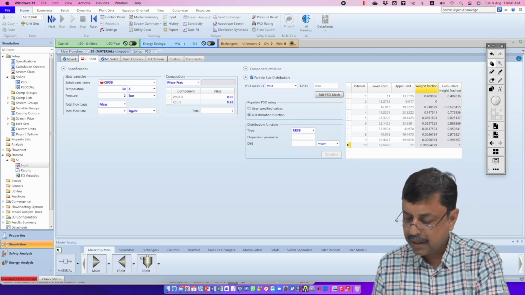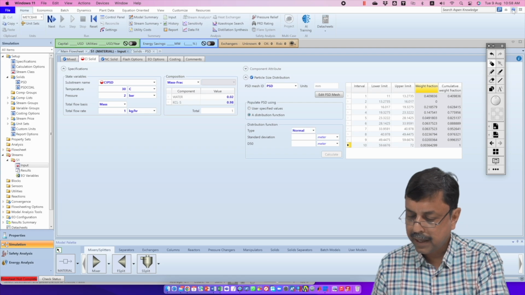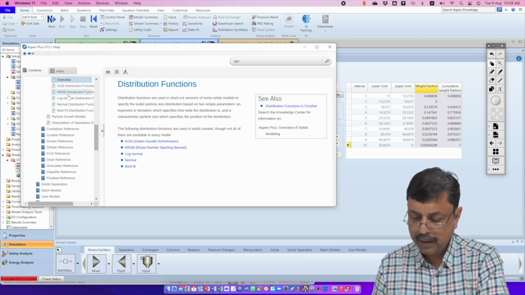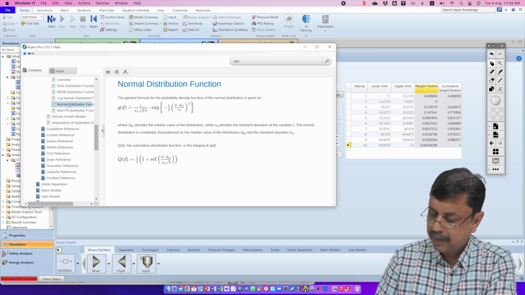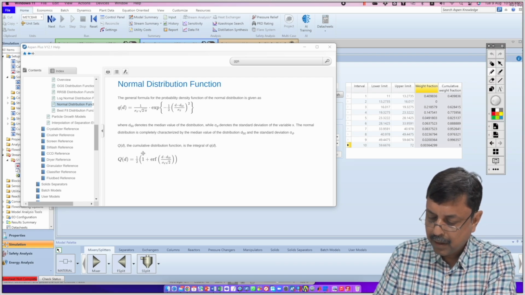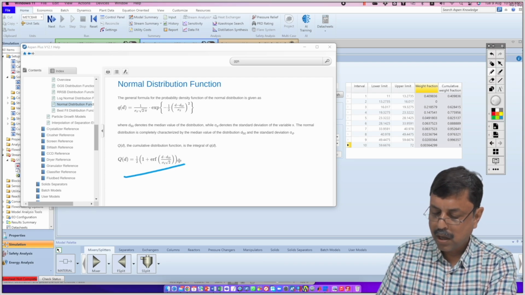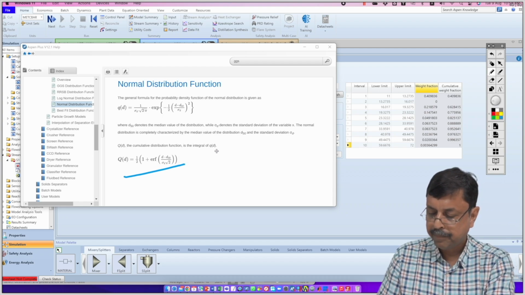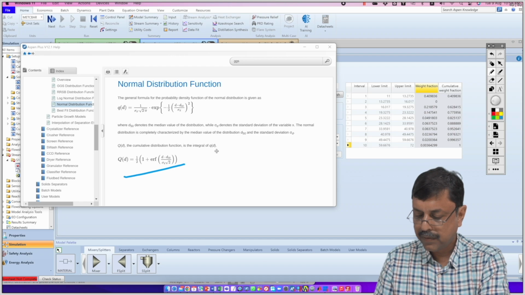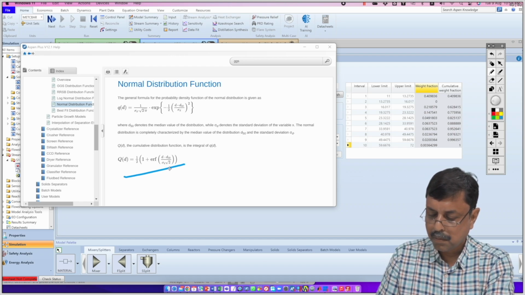And the next function is the normal function. So again, you can see the normal distribution function. This is given by Q of d is equal to half of 1 plus ERF of d minus d50 by sigma d root 2.